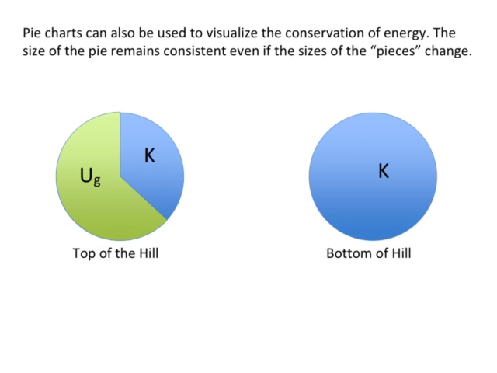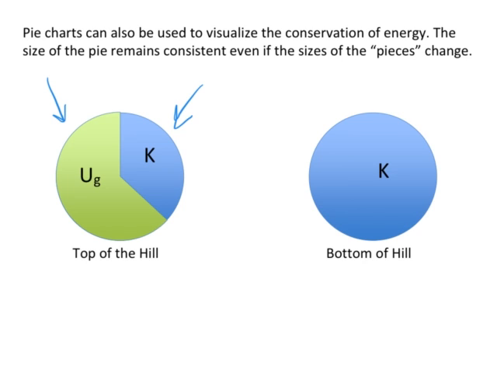Another way to visualize energy changes is to use pie charts. I'm pretty sure this is probably presented in your first physics class. At the top of the hill, we have two types of energy: the energy is stored as kinetic energy, and also as potential energy. By the time the girl gets to the bottom of the hill, none of the potential energy is left.